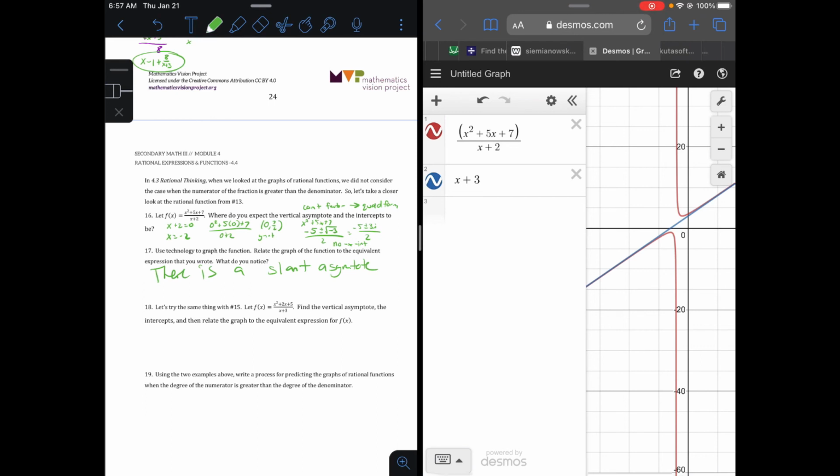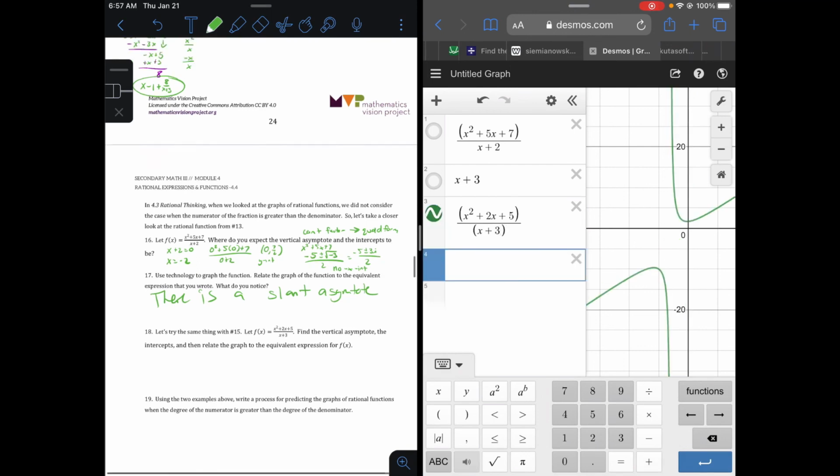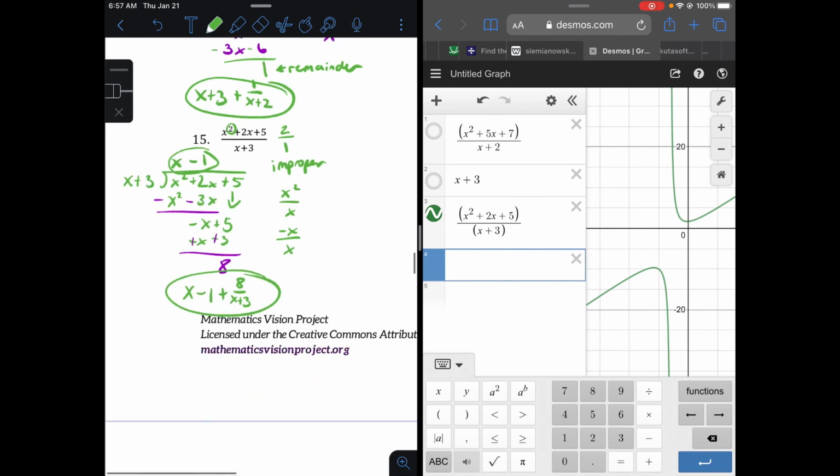So then it says, let's try the same thing with number 15 and relate that to the equivalent expression. So let's go ahead. I will do the same thing and graph it. So we've got x squared plus 2x plus 5 divided by x plus 3. All right. And then we'll go ahead and we're going to graph. If we look, we got x minus 1 is our answer.